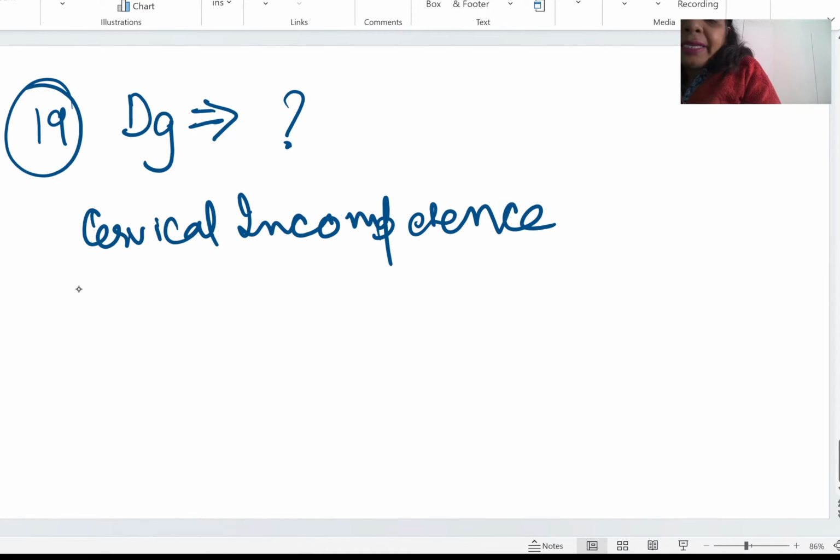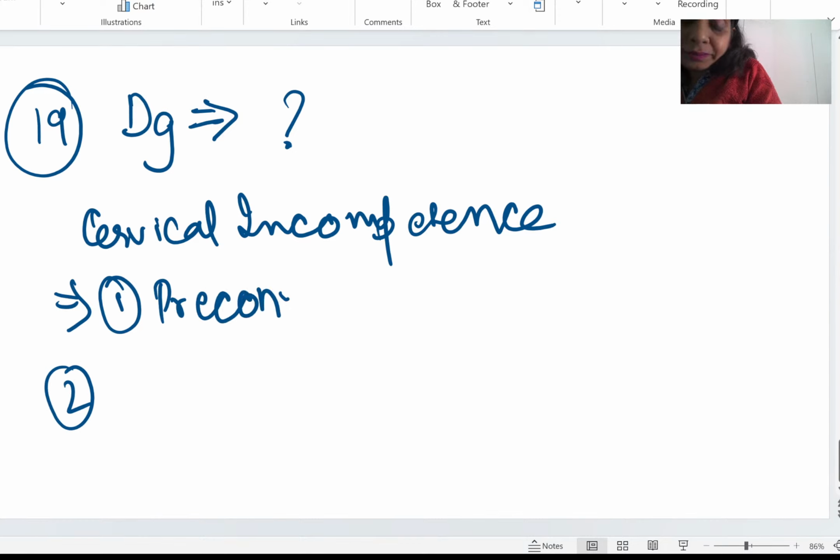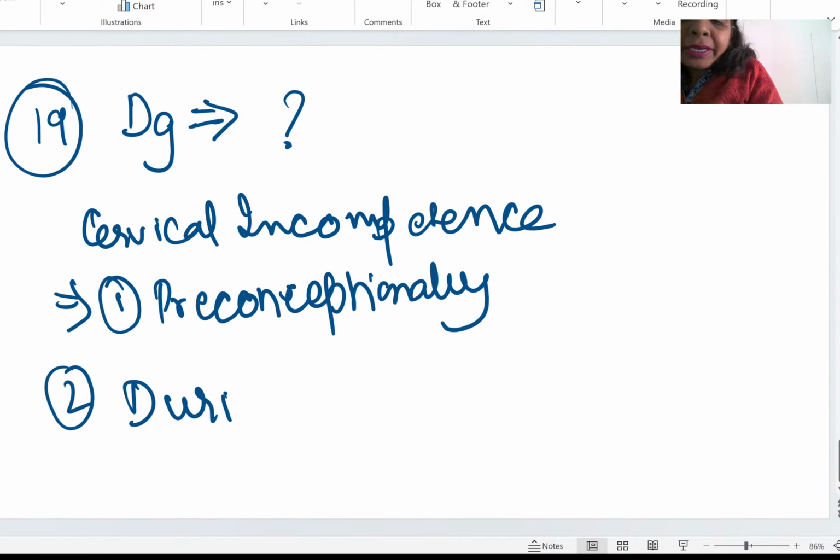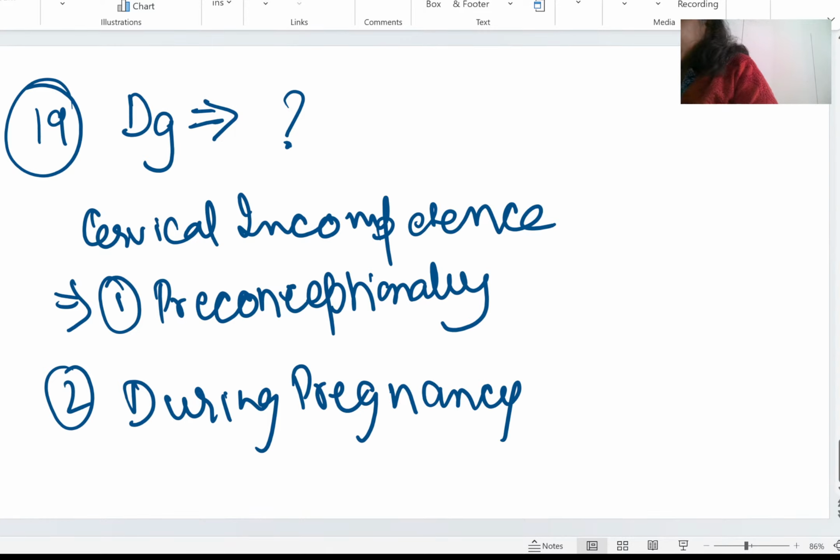Now, a cervical incompetence patient can come at two times: either preconceptionally or during pregnancy. What is the test we do preconceptionally? Investigation of choice preconceptionally. Come on, everybody, please make it fast.